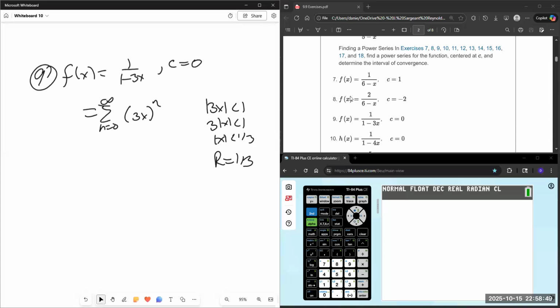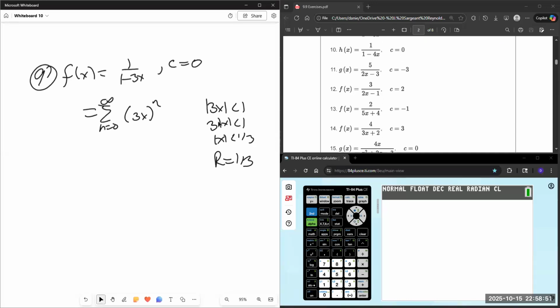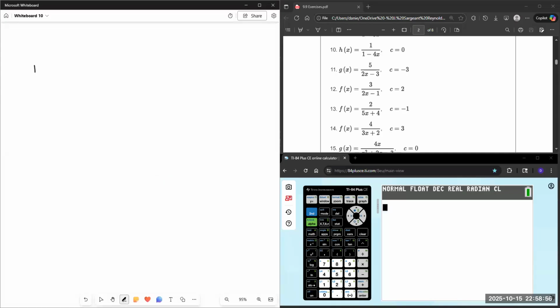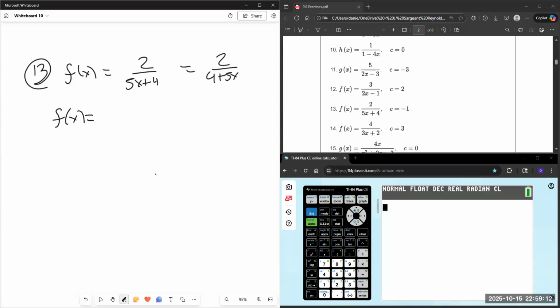All right, let's look at 13. f of x is equal to 2 over 5x plus 4, 2 over 4 plus 5x. Divide everything by 4. f of x is equal to 1/2 over 1 plus 5/4 x.